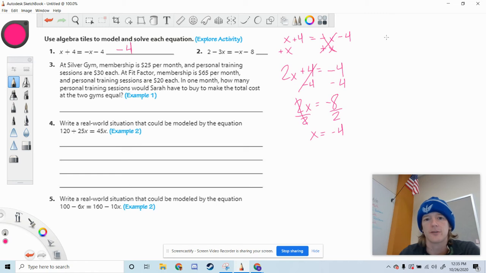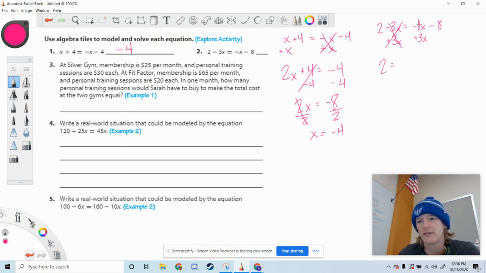Number 2, we'll go right here. 2 minus 3x equals negative x minus 8. First step, gather my variables. Do I want to add 3x or add 1x? Well, if I add 3x, I'm going to end up with positive x's. So that's what I want to do. Plus 3x, plus 3x. Those cancel off, so I have 2 equals negative 1.